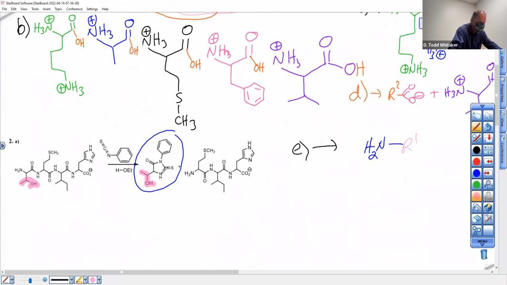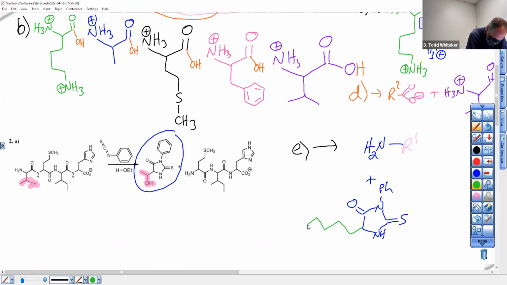Copy this ring, except the highlighted. Copy the ring. And over here, CH2 once, twice, 3 times, 4 times, NH3+. And you're done. That's it. It's not that bad, is it?